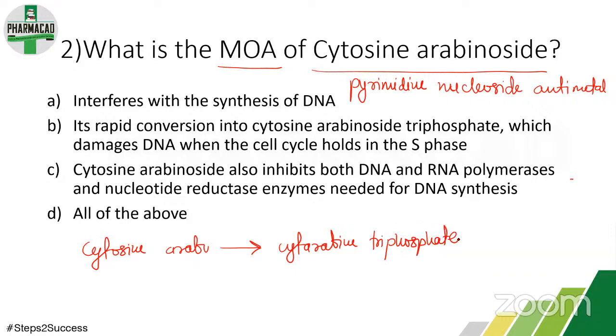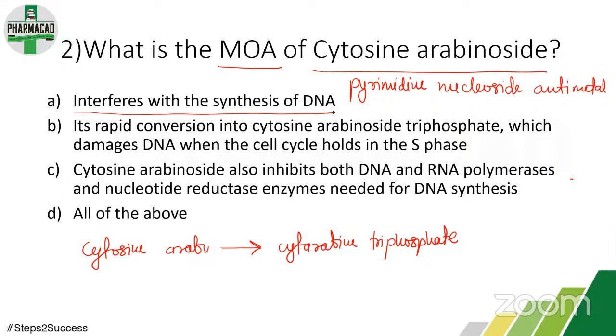Okay, and this cytarabine triphosphate competes with deoxycytidine triphosphate, and because of that the DNA polymerase gets inhibited and it results in the inhibition of DNA synthesis. So on this basis of mechanism of action, we can conclude that cytosine arabinoside interferes with the synthesis of DNA.